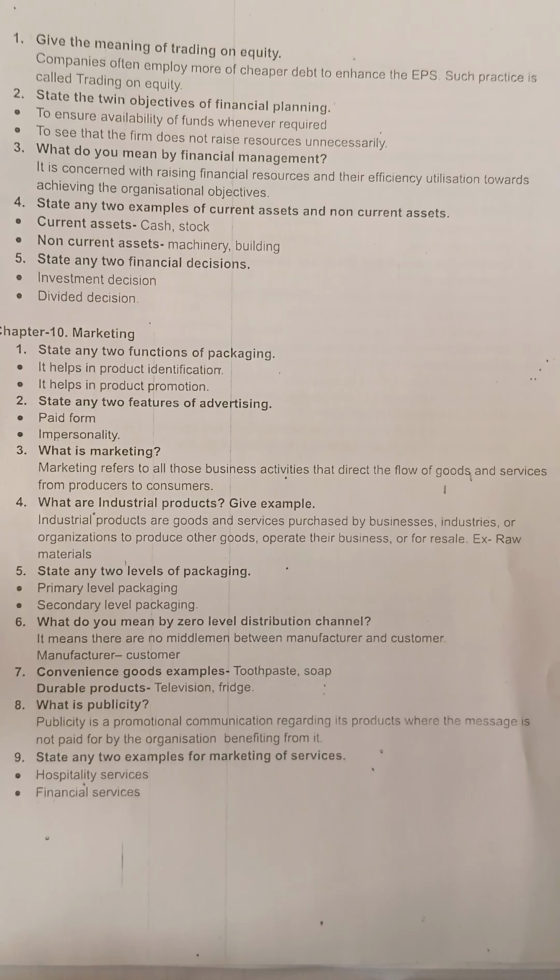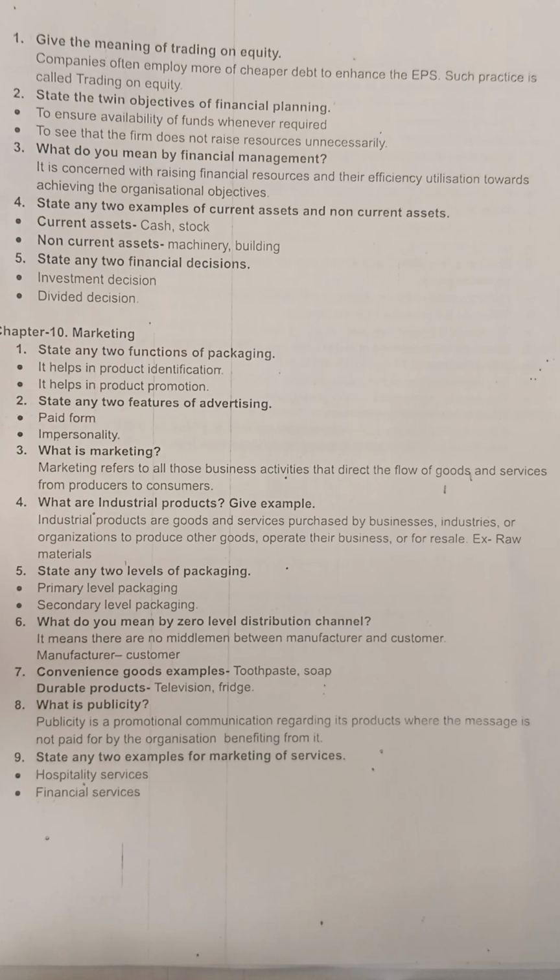Industrial products are goods and services purchased by the business, industries, or organizations to produce other goods, operate their business, or for resale. Example, raw materials.